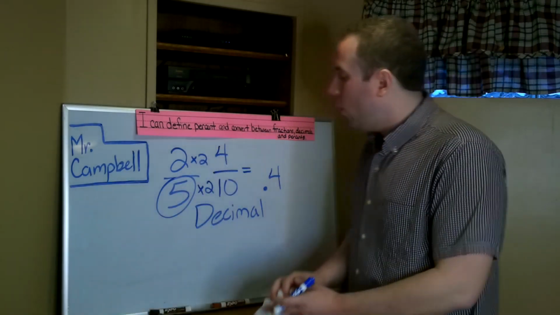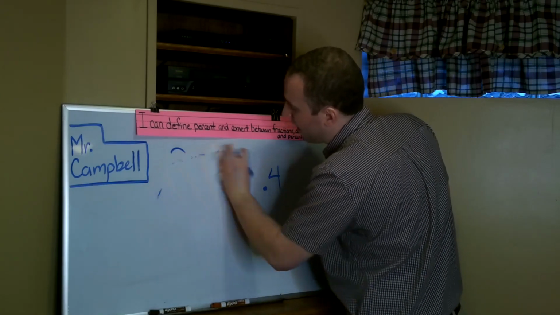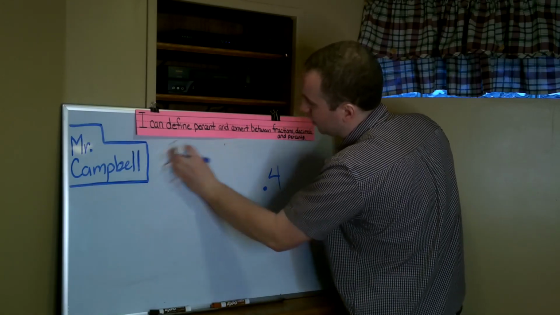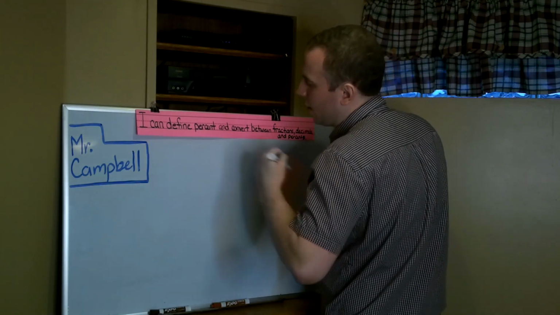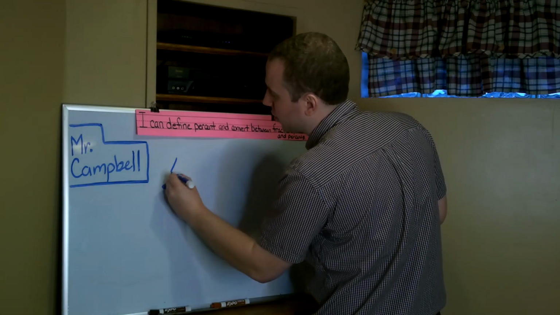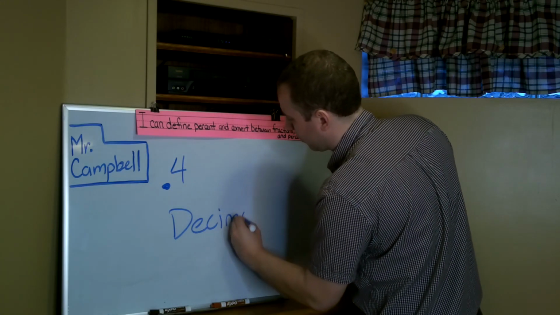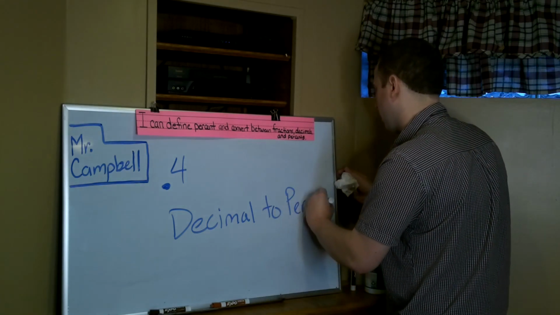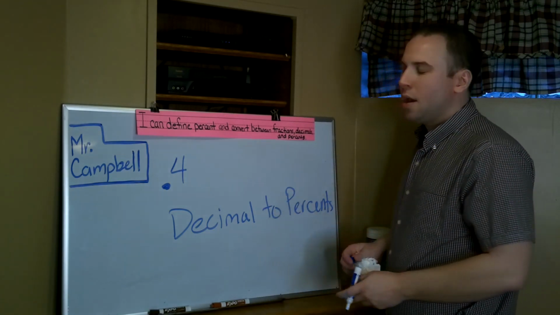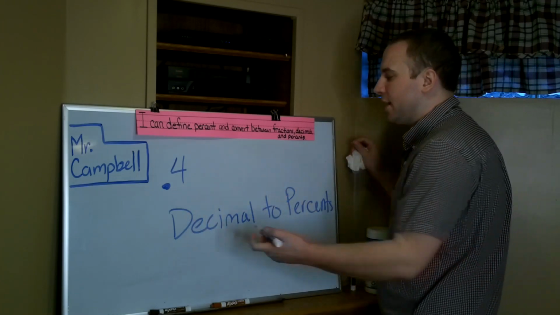Now, with a decimal, let's go ahead and convert decimals now into percents. So using that 0.4 that we just looked at, there are a couple of ways we can look at decimals to percents.